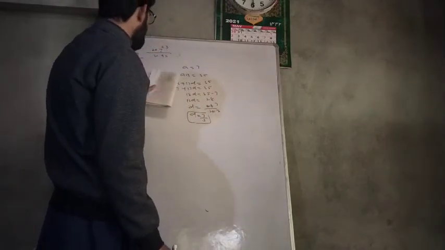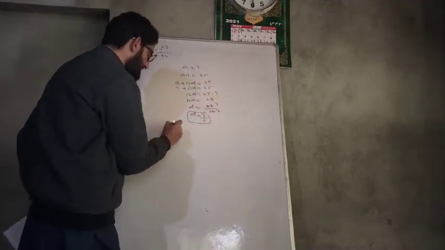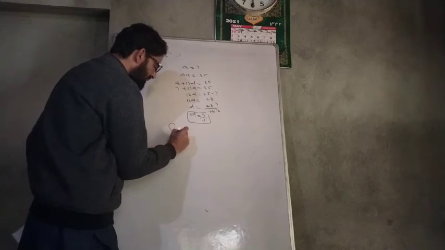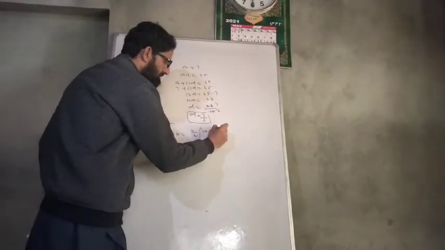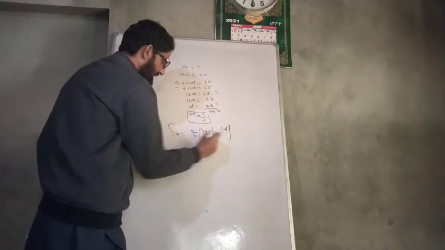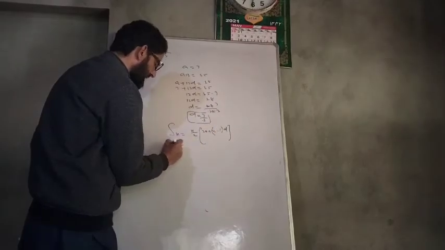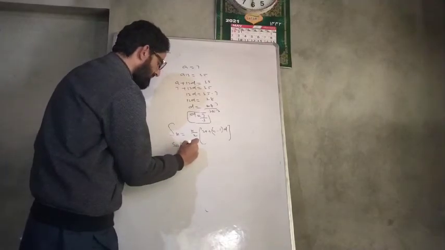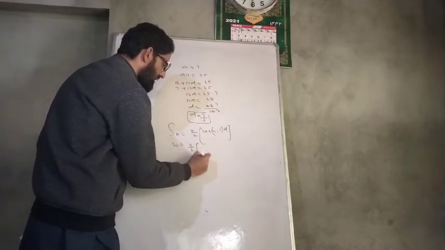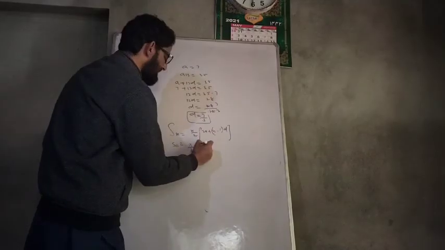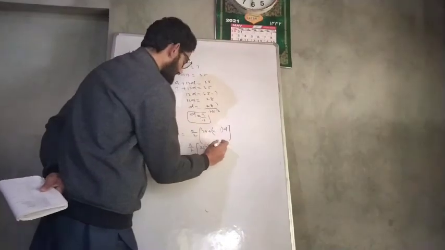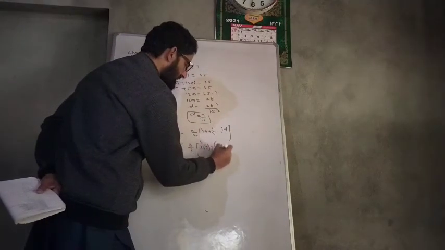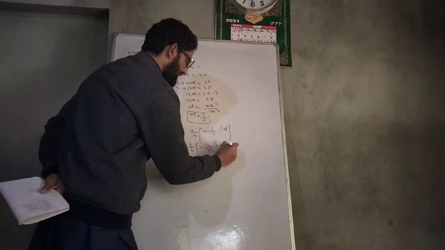Now we have to find S13, the sum of 13 terms. We know Sn is equal to n by 2 into 2a plus n minus 1 into d. S13 means the sum of 13 terms, that is 13 by 2 into 2a, where a is 7, plus 13 minus 1 into d, which is 7 by 3.